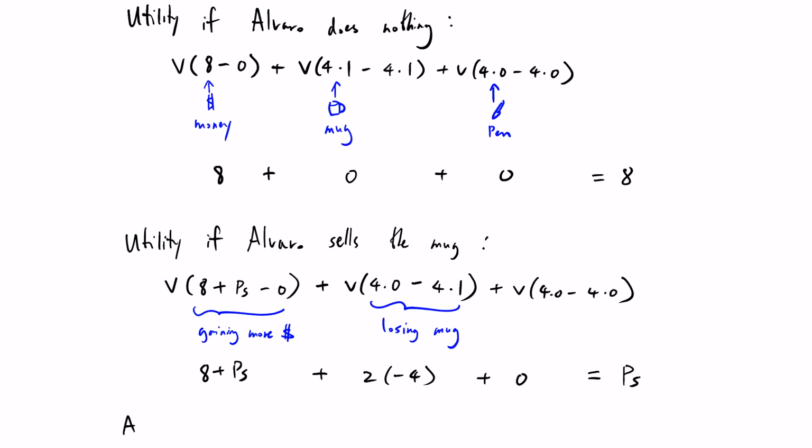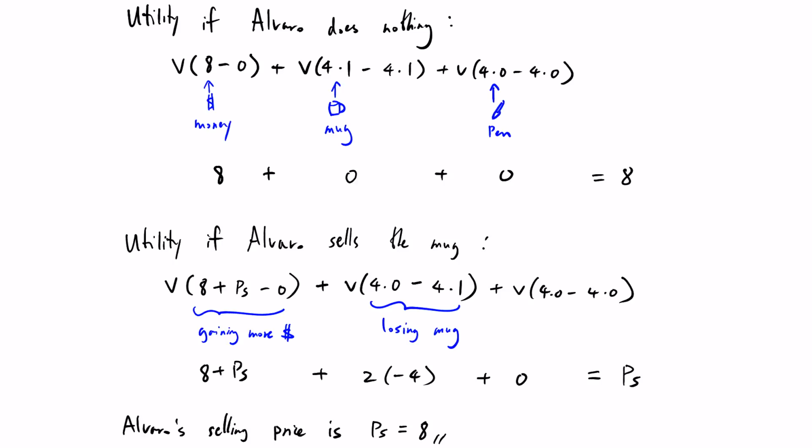So that's the minimum price. You have to at least give Avero $8 for him to be willing to sell his muck, because you have to compensate for the fact that he is losing a muck.